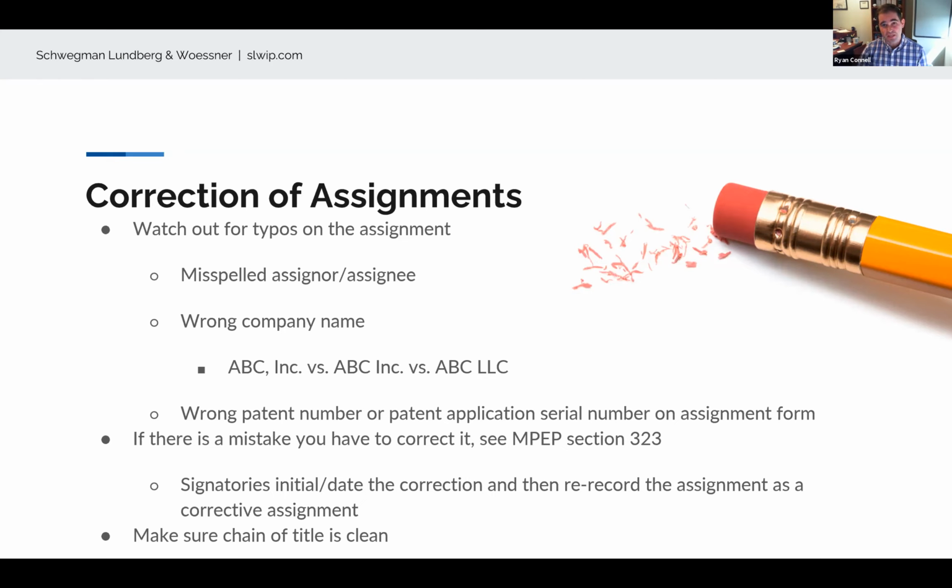If you ever go to try to monetize your patent by selling a portfolio, this stuff will come up in a due diligence. It most certainly will be found, and it's something that could delay a deal or, in a worst case, kill a deal. So you really want to make sure that your chain of title is clean and free of any questions.